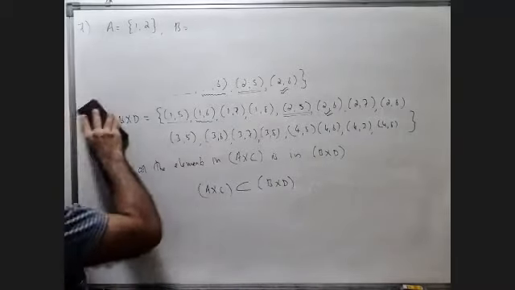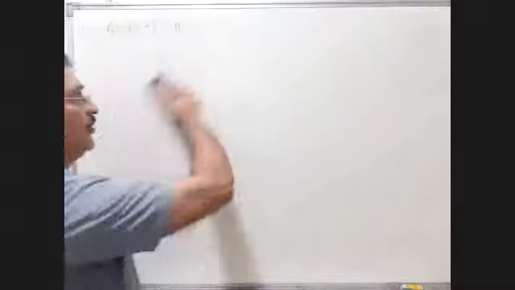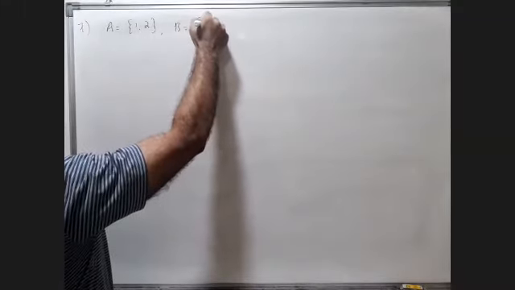I hope you have completed. Again, these chapters are also easy chapters. A is 1, 2. And set B is 3, 4.